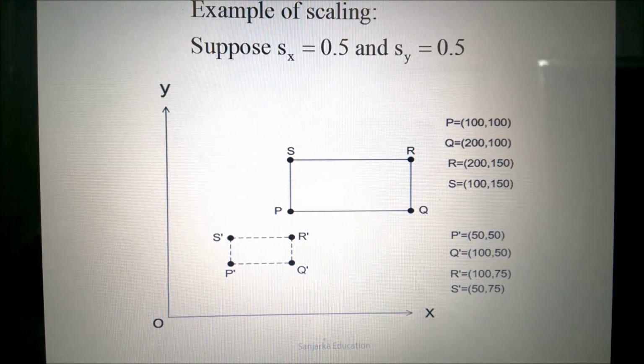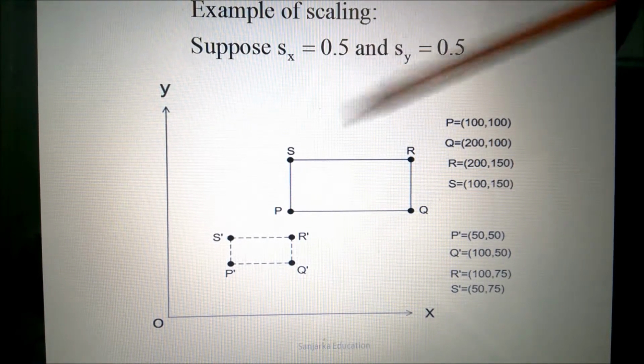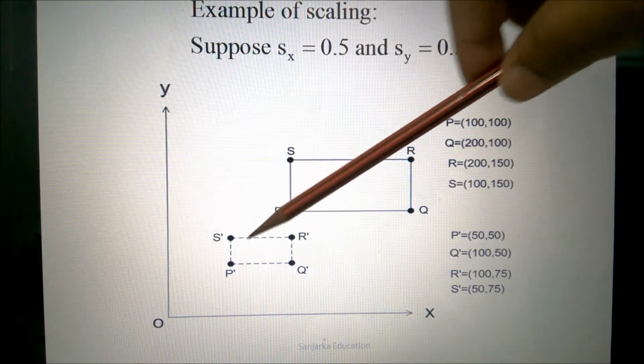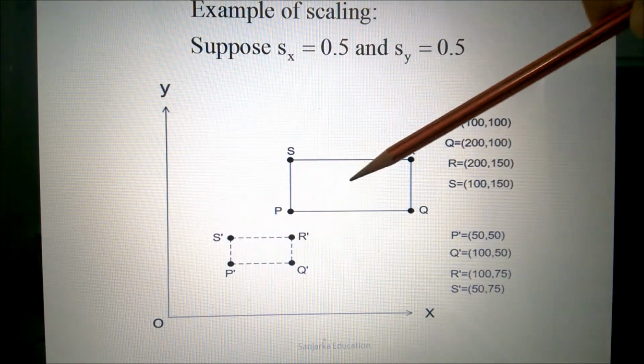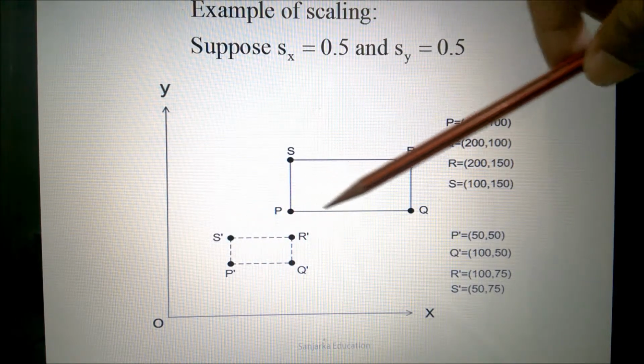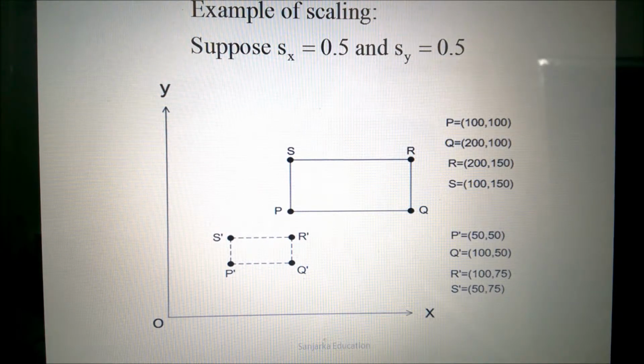In that way, I have taken 4 points so that a polygon can be formed, and here scaling is less than 1, therefore the final polygon is smaller than the original polygon. And that is the scaling.